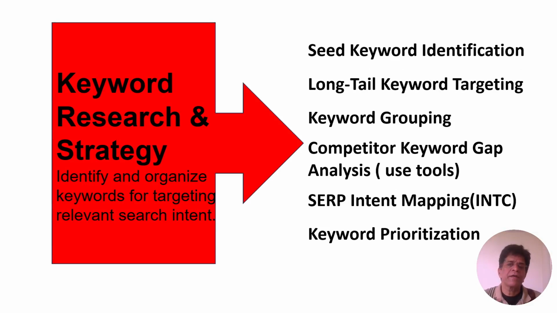Seed keyword identification. I'm into AI training. For me, artificial intelligence is a keyword. AI tools, another keyword. AI powered digital marketing, another keyword. Automation is another keyword. AI process, another keyword. So I have to ensure that we identify the seed important keywords for my website or my product or services.